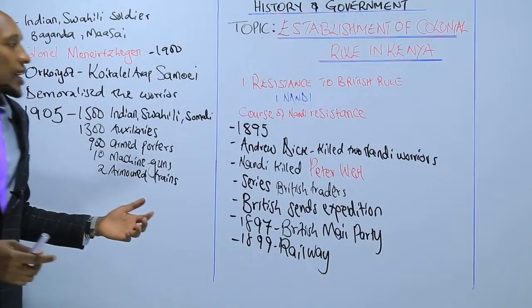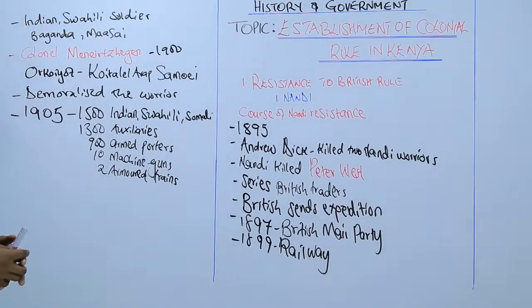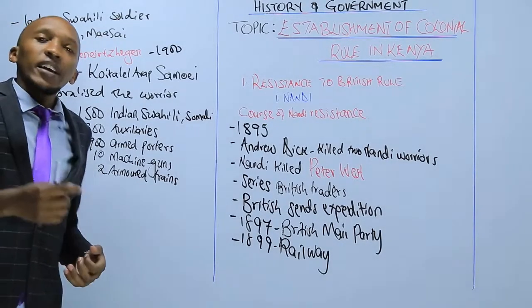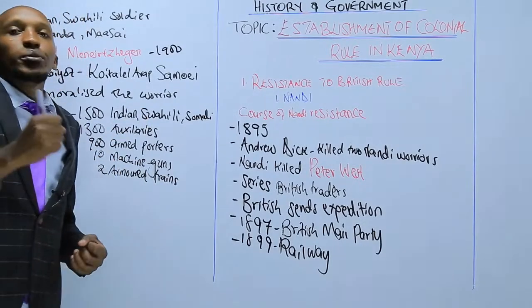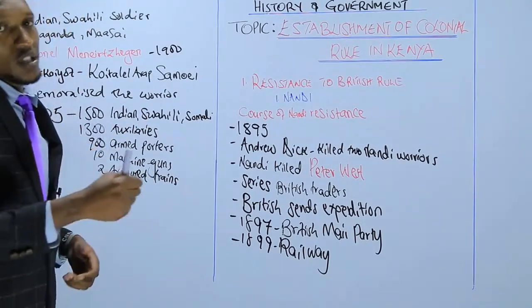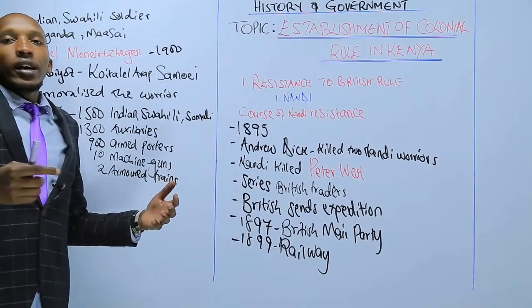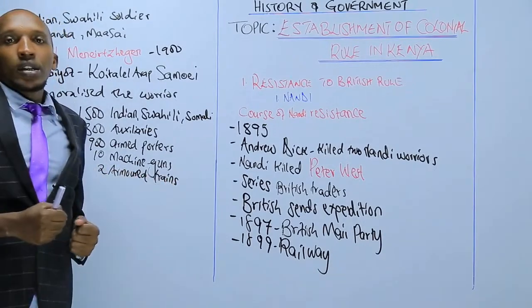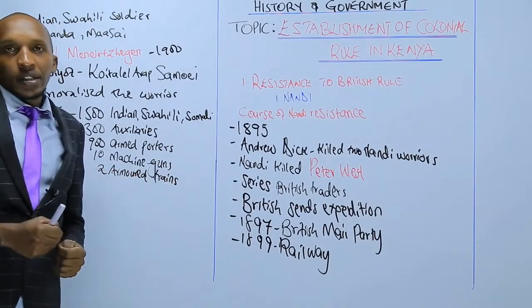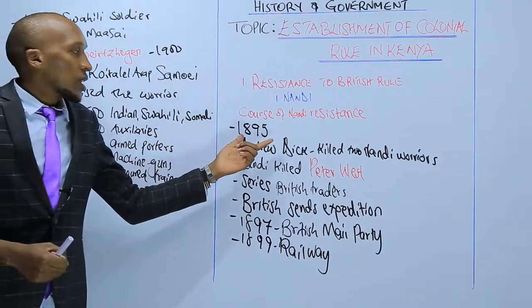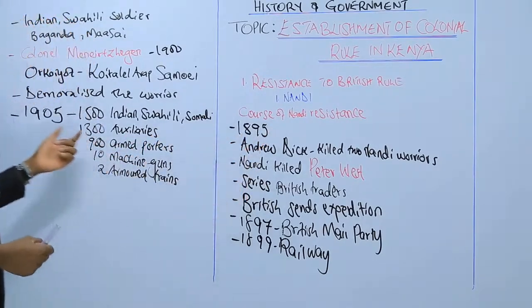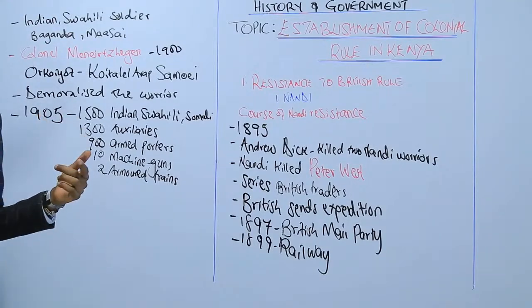So the Nandi is one community in Kenya that gave out a very long resistance. They resisted the British for quite a long time. They put up a fight that the British did not expect. You can see it started in 1895 and actually ended in 1905.